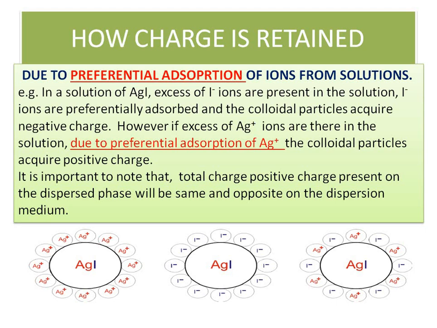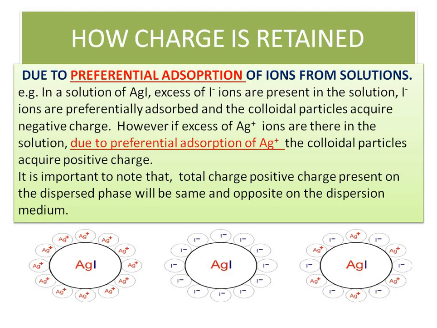So that was what we were talking of. That is due to preferential adsorption of ions from solution. From the solution, some positively charged ions will be adsorbed on the ferric hydroxide. That is the example we took last time. In the case of AgI, it depends on which ion is in excess in the solution. If an excess of iodide ions is there in the solution, iodide ions are adsorbed on the surface of the AgI, and the overall colloidal particle will become negatively charged.